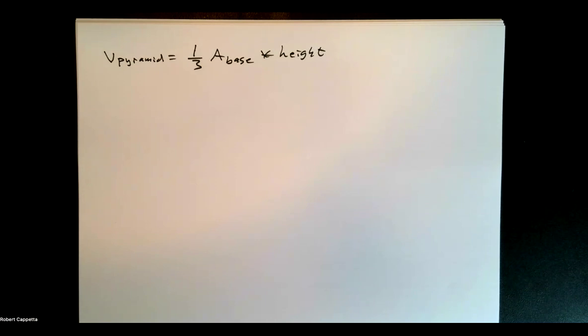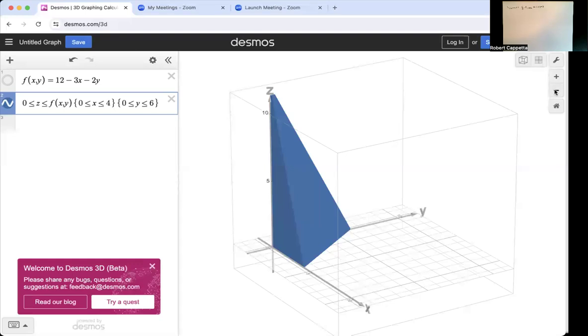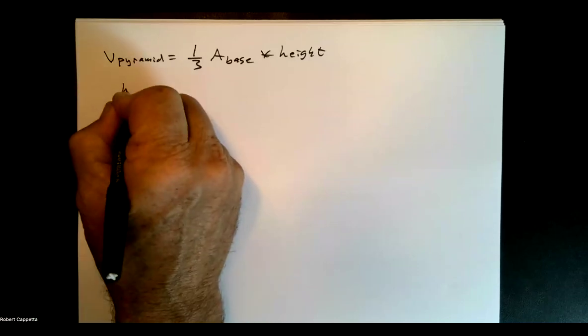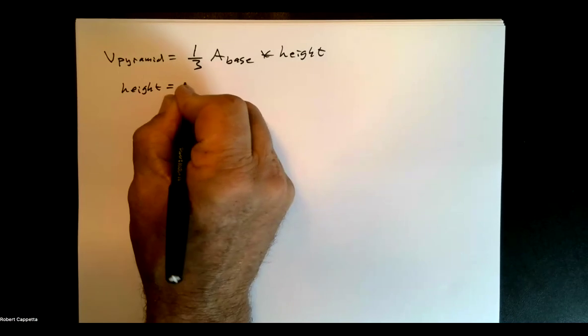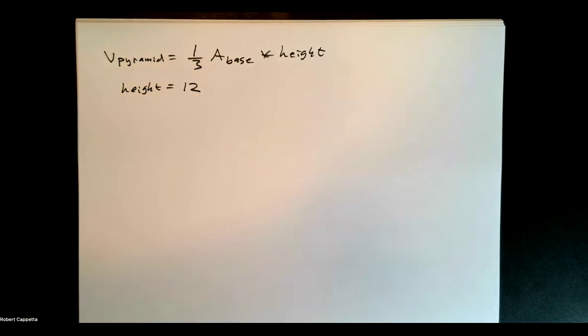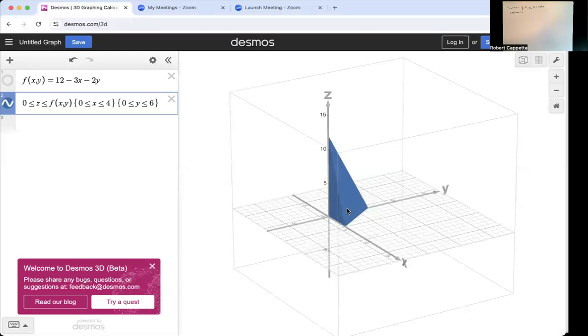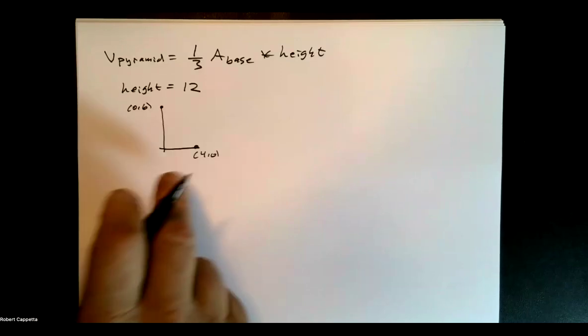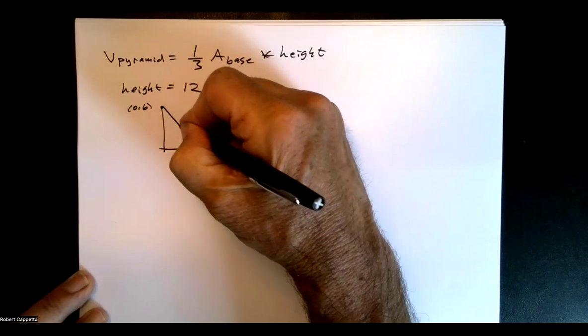So what is our height for this thing? Looking at our picture, f of x, y is 12 minus 3x minus 2y. How high does it go? The highest it goes is when x and y are 0. So the height of this thing is 12. Now, what is the base again? The base is that triangle. Remember, x out to 4, y out to 6, and then connect those points.